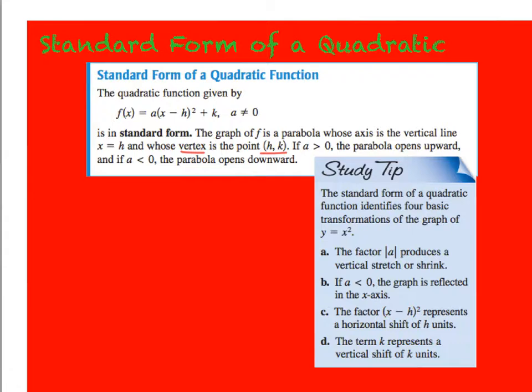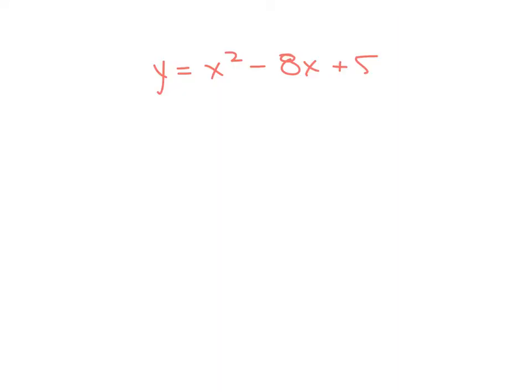All right? So if I have that, that's in definition quadratic form. True? And I want to put that into standard form of a quadratic, or vertex form of a quadratic. And the way we do that is what we call completing the square. Okay, so we're going back to completing the square. And I want to start off with this easy one. Remember completing the square, we deal with these two that have our variables.